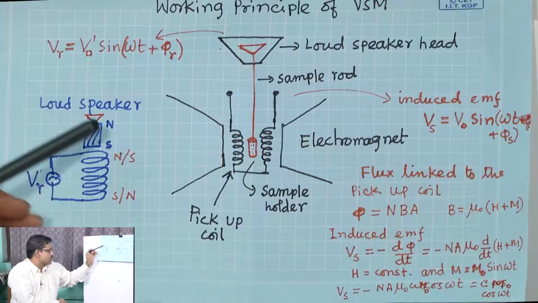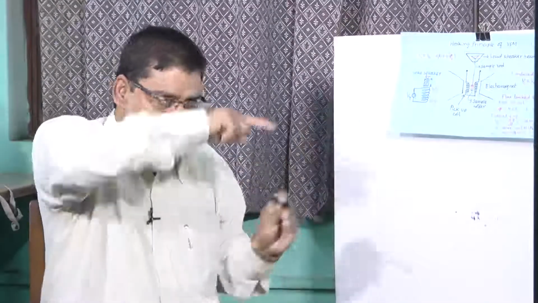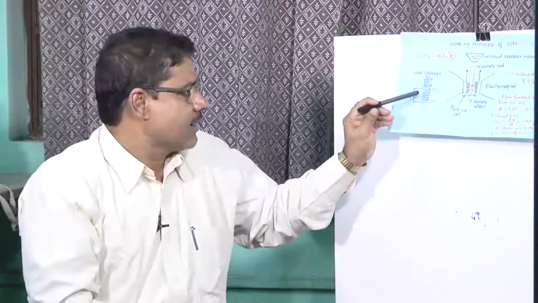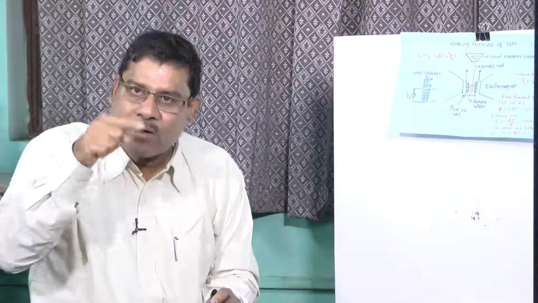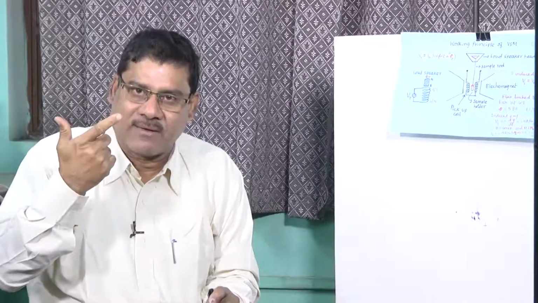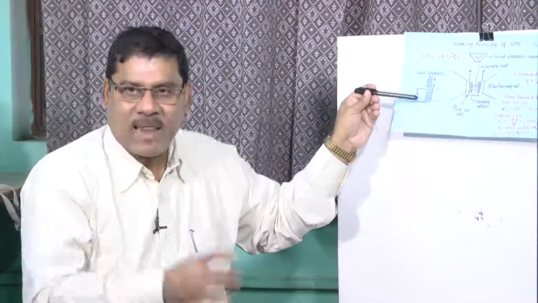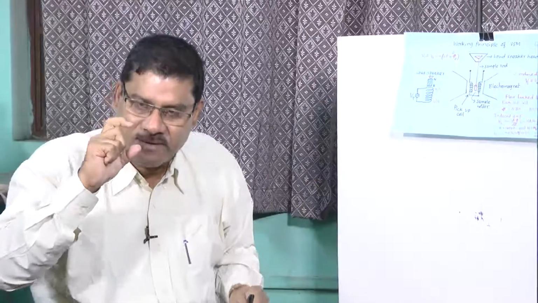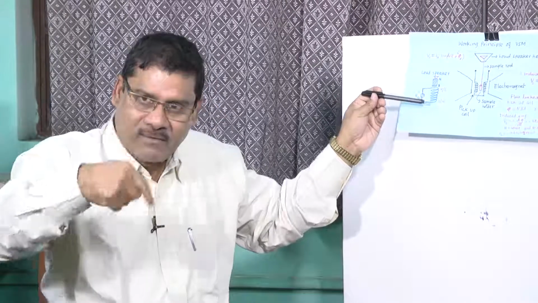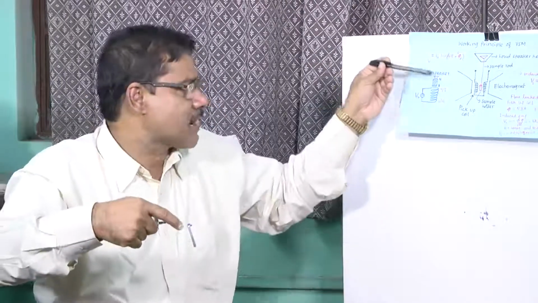So it is sinusoidally varying from positive to negative, positive to negative. That means the current in the coil is changing direction with time. So this coil is equivalent to a magnet. It will have this north and south, and then with time it becomes south and north.